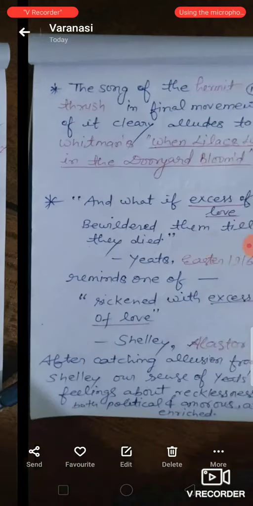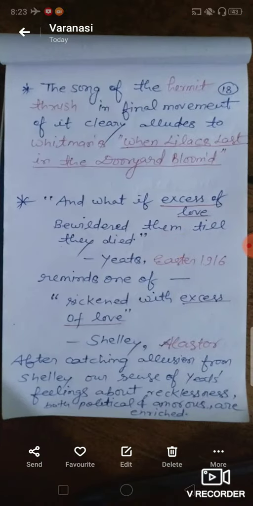Now move to the next example of allusion. There are some lines by Yeats in his poem called Easter 1916, and I quote, "And what if excess of love bewildered them till they died?"